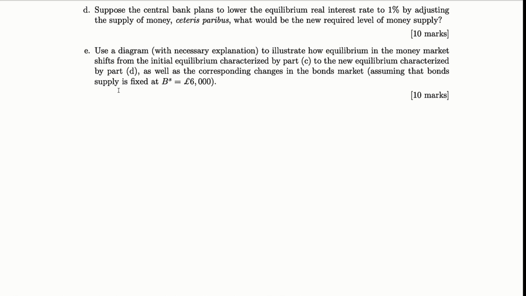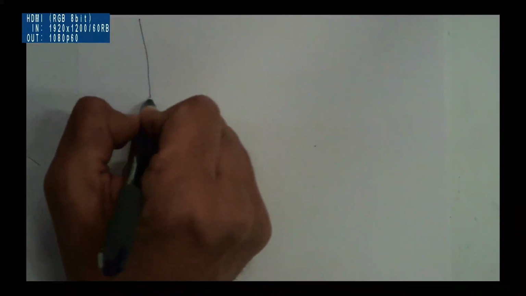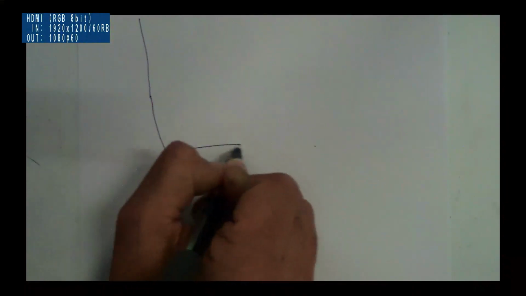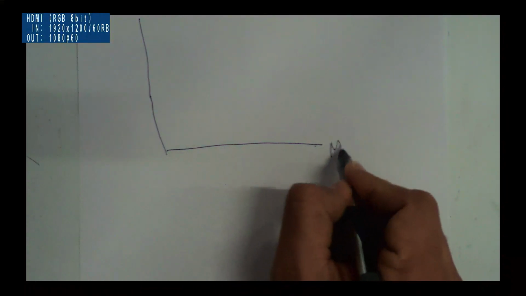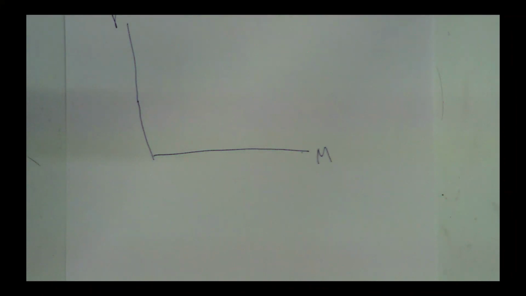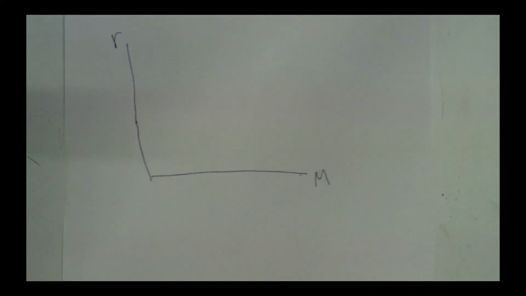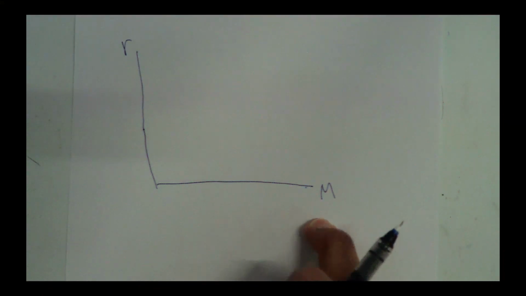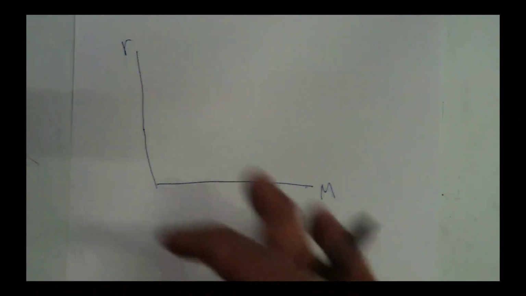Basically, what we know now is we're talking about the money market. We know from what we studied before that money supply and money demand, we plot these on the R, or the interest rate, and the money stock space.